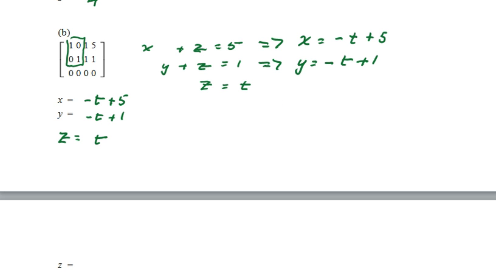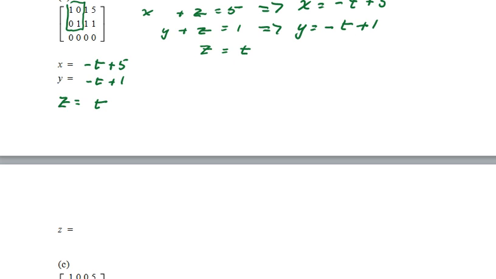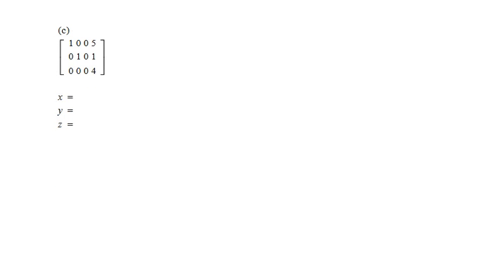And part C of this problem, if we change it to a system of equations, would say x equals 5, y equals 1, and 0 equals 4.